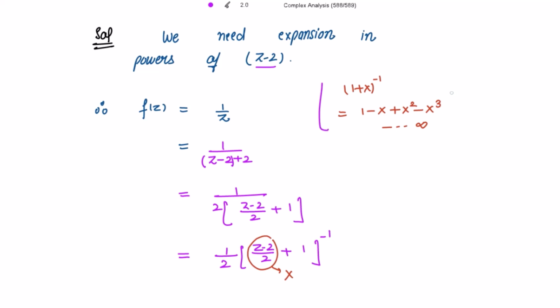So using this result, this is equal to 1 divided by 2 times: 1 minus x, where x is (z minus 2) divided by 2, plus ((z minus 2) divided by 2) whole square minus ((z minus 2) divided by 2) cube, up to infinity.